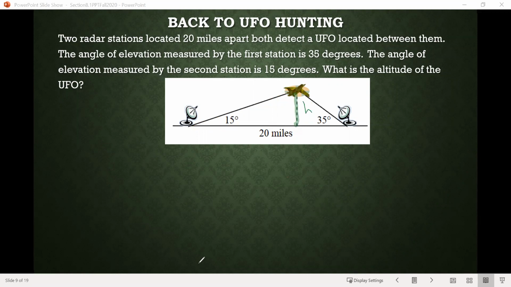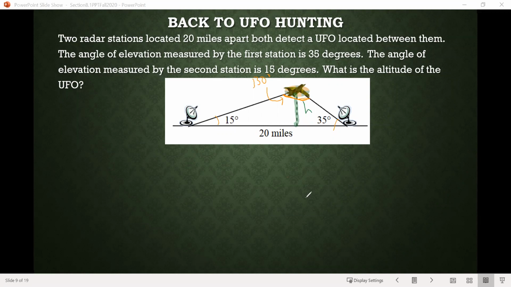First of all, notice in this triangle, we know the measure of this 15-degree angle and this 35-degree angle. We can use that information to find the measure of this large angle right here below the UFO. We can use the fact that the sum of the angles in a triangle is 180 degrees. 15 plus 35 is 50, and if we subtract that from 180, we get that the measure of that angle is 130 degrees.